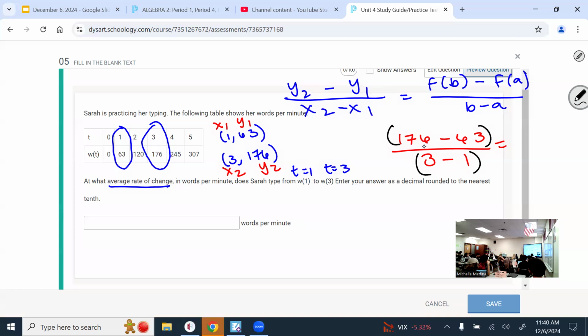So 176 minus 63 is 113. 3 minus 1 is 2. And 113 divided by 2 is 56.5. It did say to round your answer to the nearest tenth.